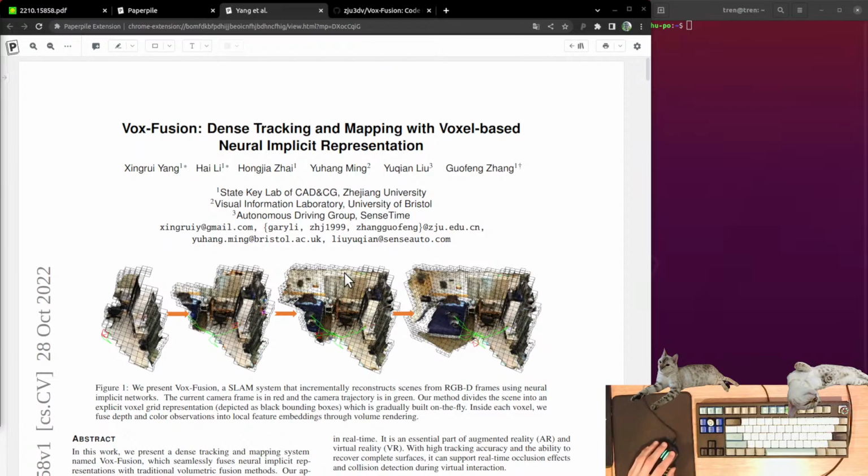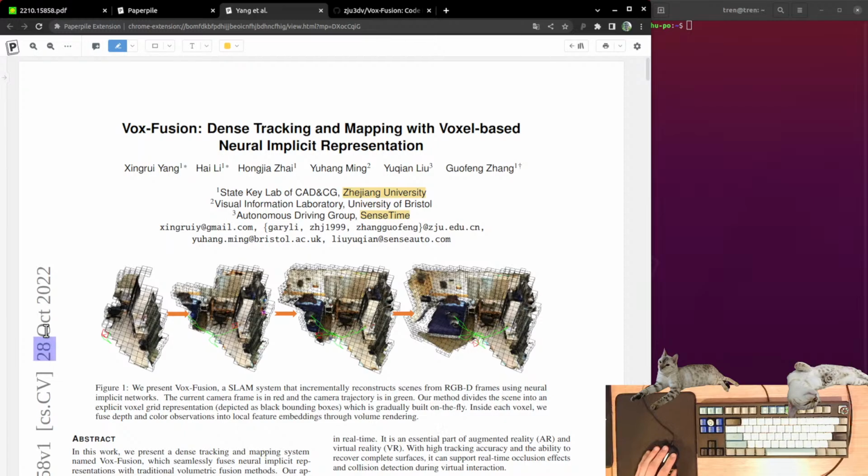Alrighty, so today we're going to be looking at Vox-Fusion, dense tracking and mapping with voxel-based neural implicit representation. This is a paper coming out of Zhejiang University, and more importantly, SenseTime, which is a computer vision company in China that has huge government contracts for pedestrian monitoring and kind of has a ton of expertise.